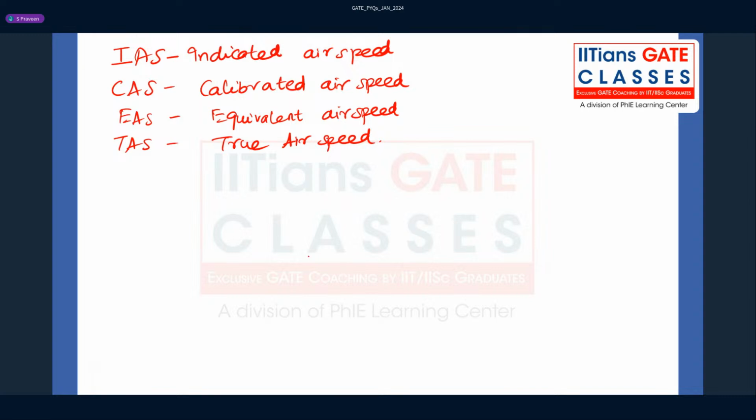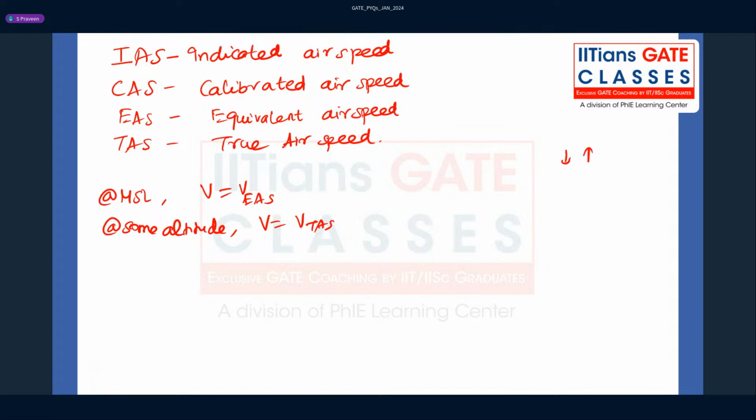Generally, when an aircraft is flying at mean sea level, the speed that it measures is the equivalent airspeed. And at some altitude, the speed that it measures is the true airspeed. In a sense, your dynamic pressures at both altitudes must be the same, because your density drops and velocity increases.